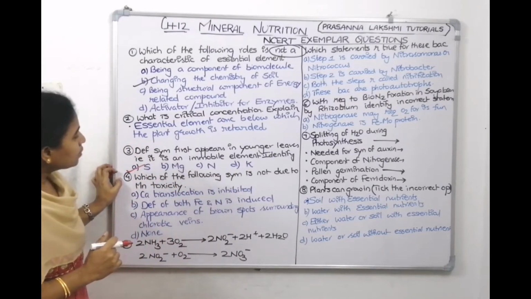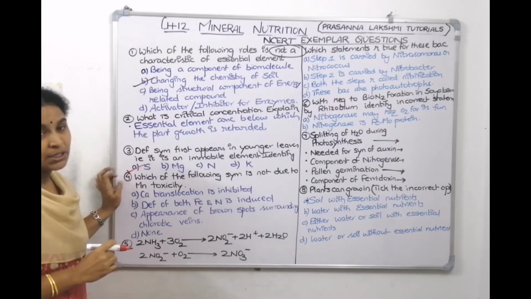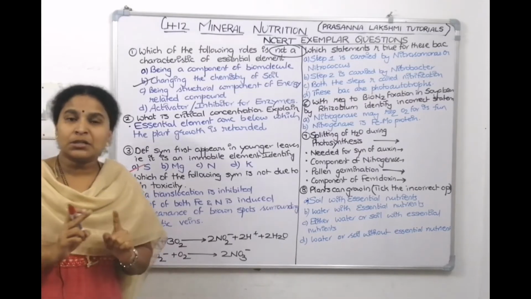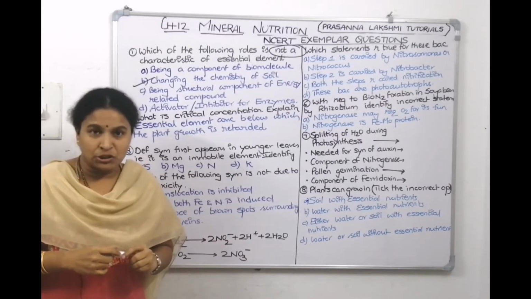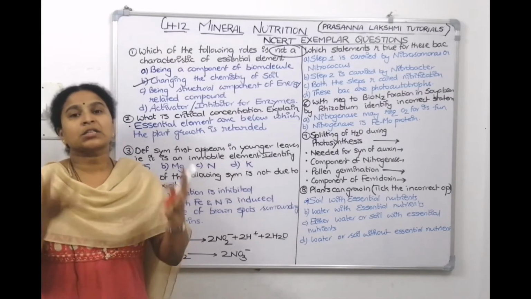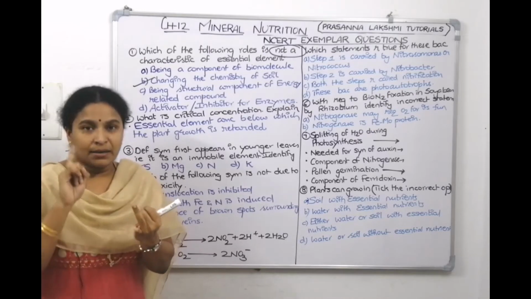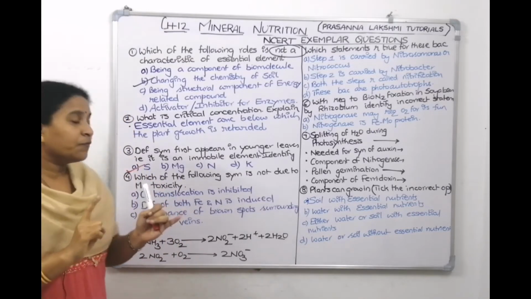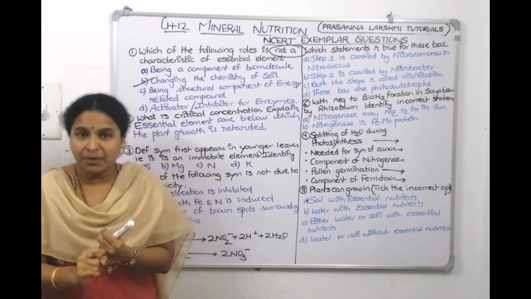Fourth question. Which of the following symptoms is not due to manganese toxicity? Brown color patches is a symptom of manganese toxicity. Excess of manganese will interfere with iron absorption, will interfere with calcium, right?